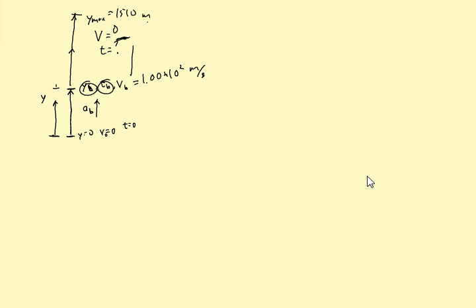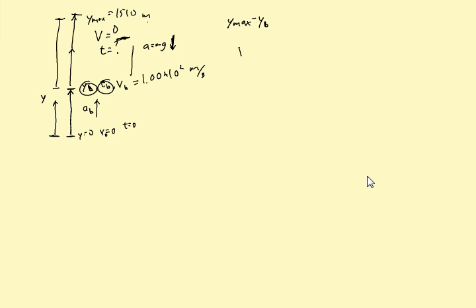Let's find this distance here, which is going to be y max minus y sub b. I think this is doable. We know the velocity at the beginning, we know the velocity at the end, we know the acceleration in this part was negative g, so acceleration was going downward, and what we need to find is the distance.